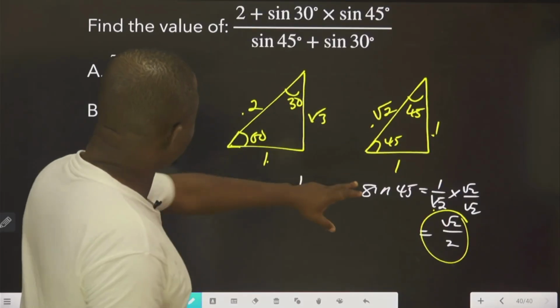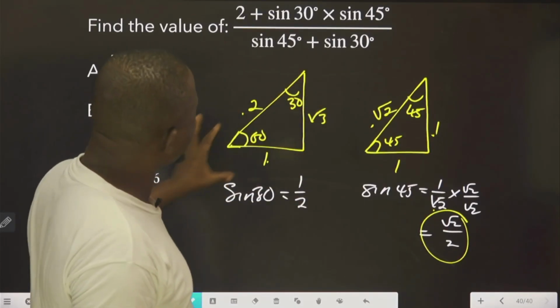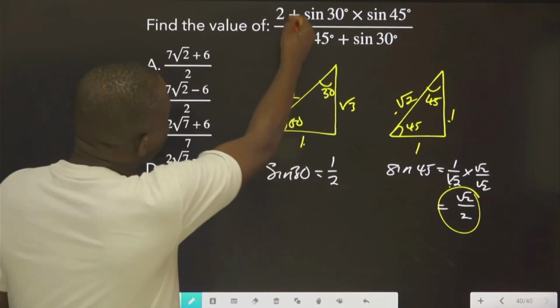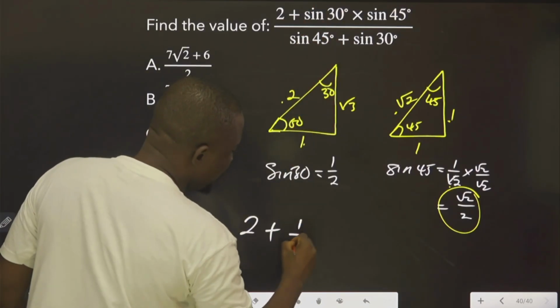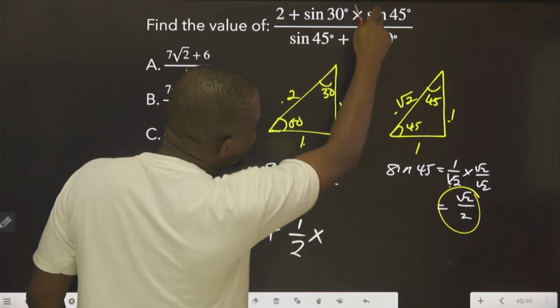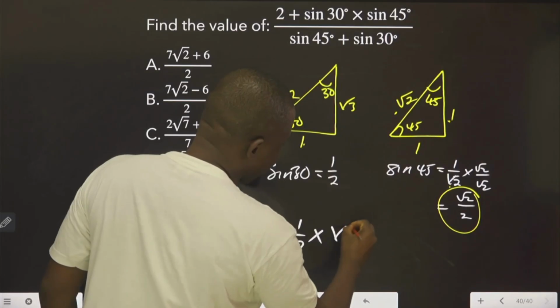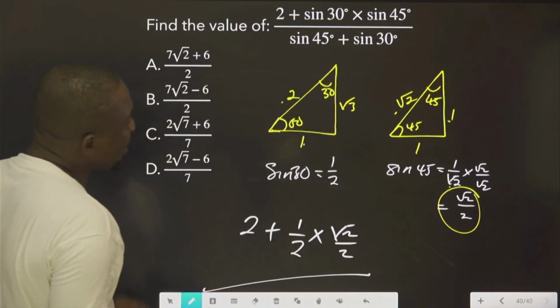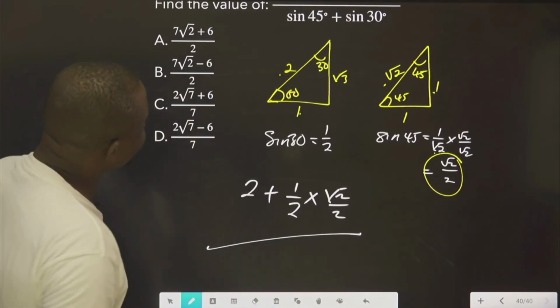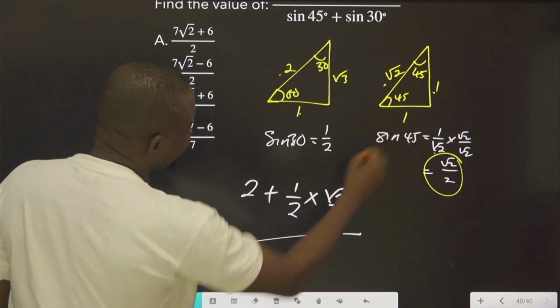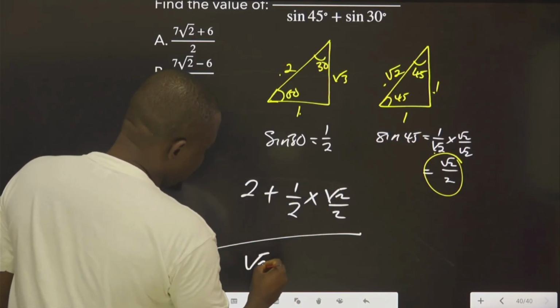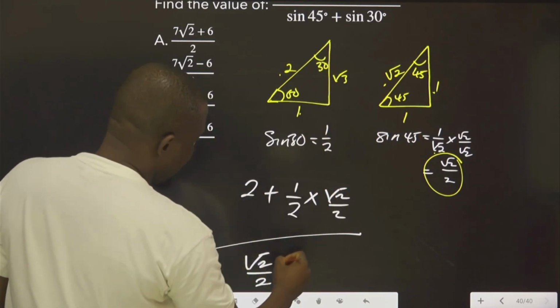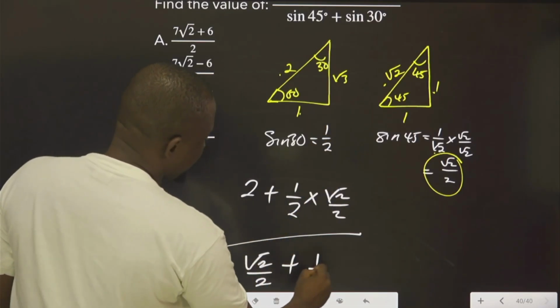Sine 45, okay, sine 30. All you have to do is just substitute. 1 over 2 multiplied by square root of 2 over 2, all over sine 45, square root of 2 over 2, plus 1 over 2.